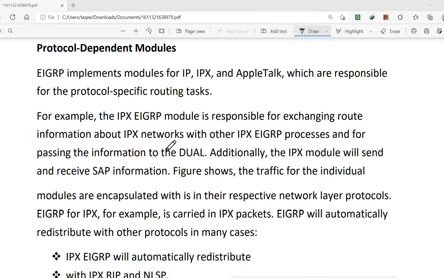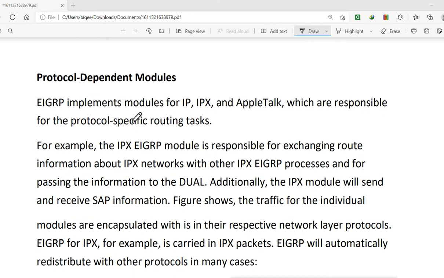First, the protocol dependent modules are implemented for IP, IPX and AppleTalk, and are responsible for protocol specific routing tasks. For example, the IPX EIGRP module is responsible for exchanging route information about IPX networks with other IPX EIGRP processes and for passing the information to DUAL.